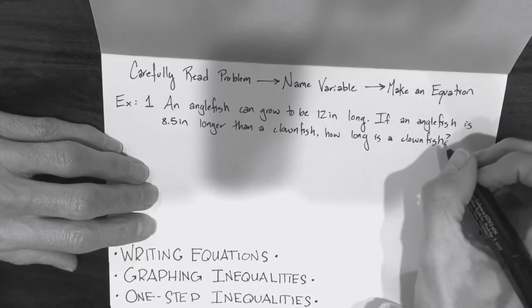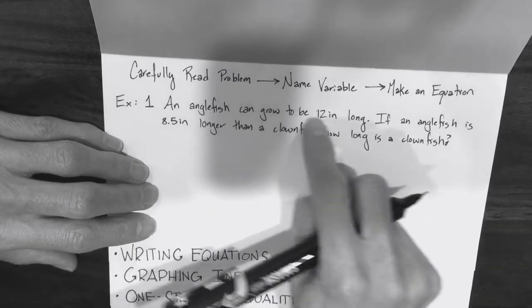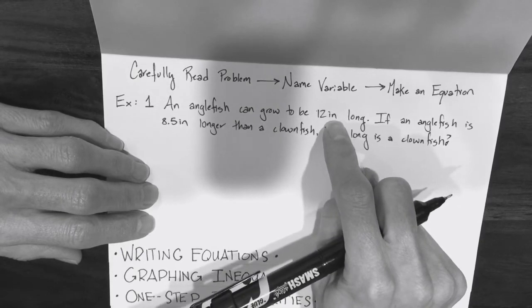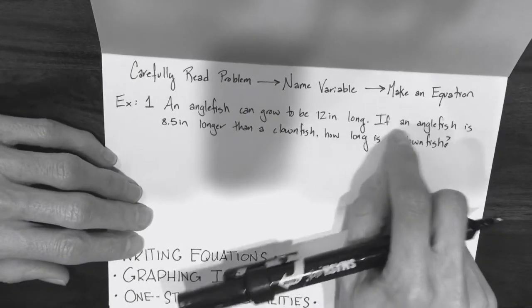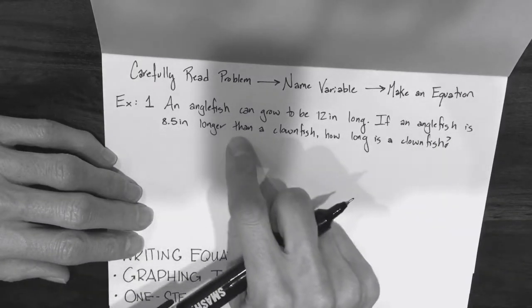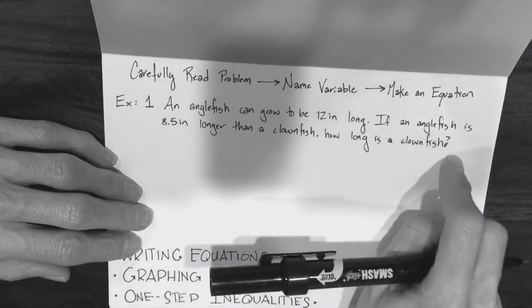All right, so an angelfish can grow to be 12 inches long. So I guess we're going to assume that this angelfish is 12 inches long in our problem. So if an angelfish is 8.5 longer than a clownfish, how long is a clownfish?